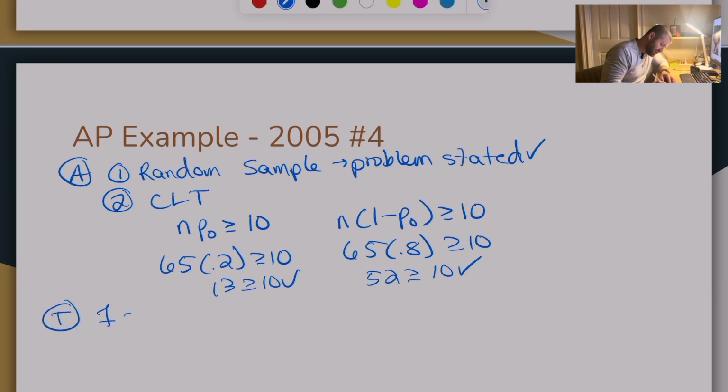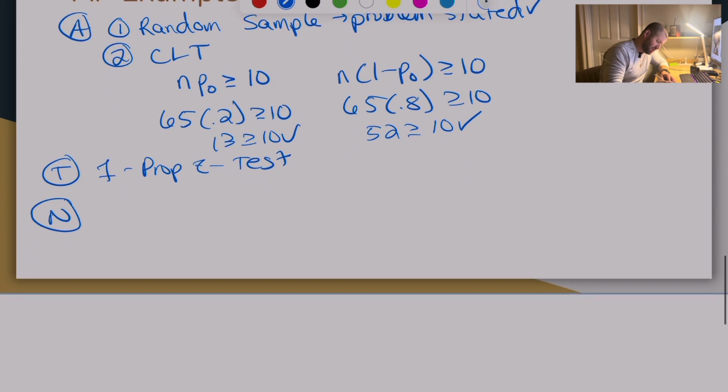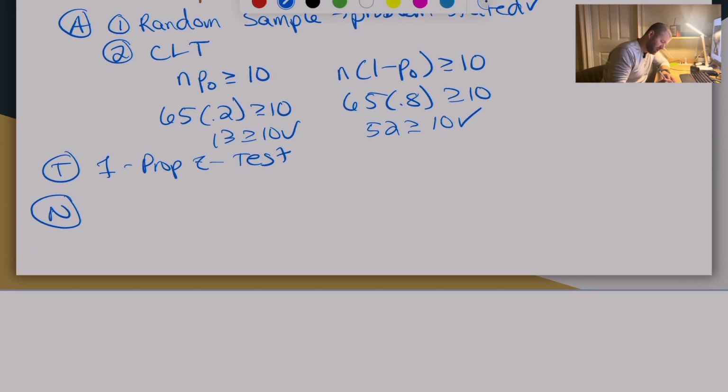For my test, this is a one proportion z-test. For my numbers, I need to get the actual test statistic. What comes along with that is my p-value, and these are the most important things.